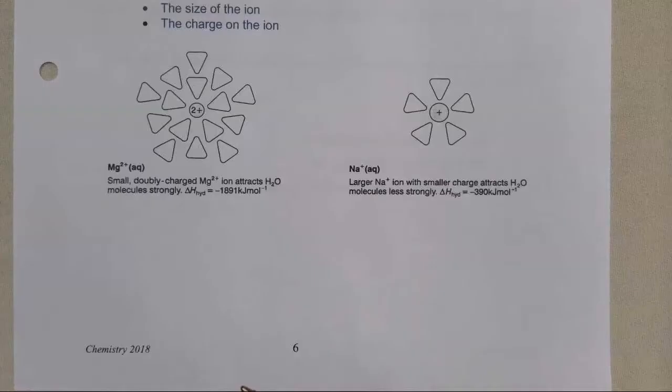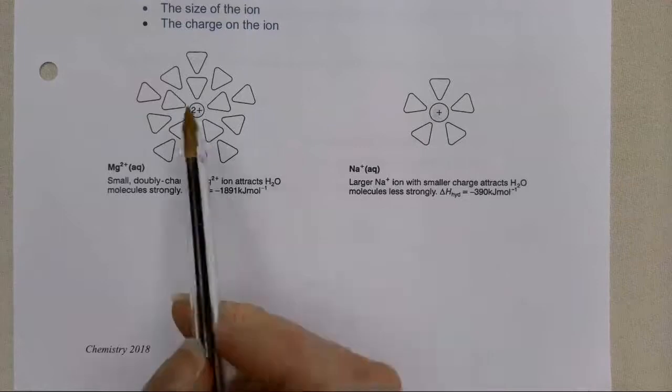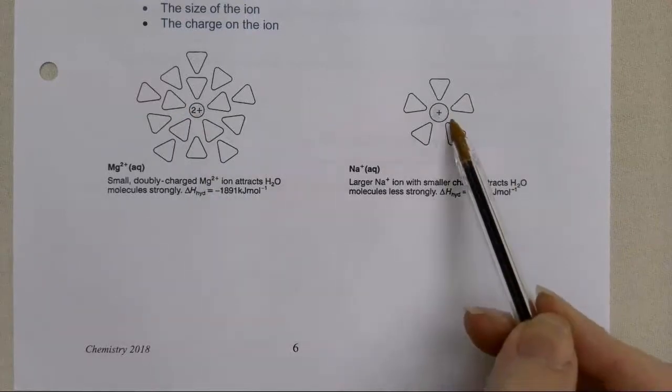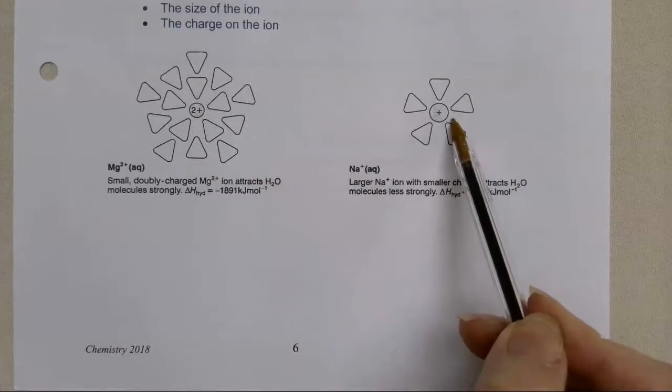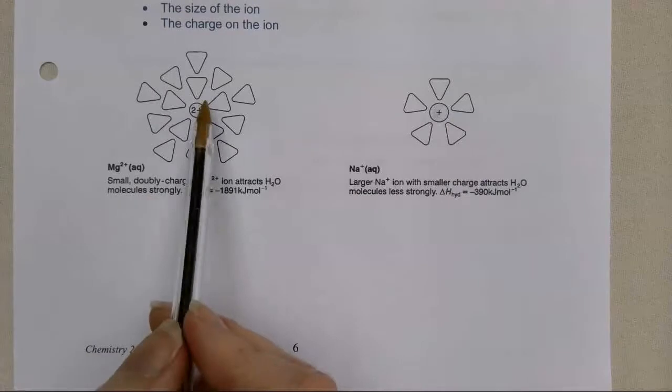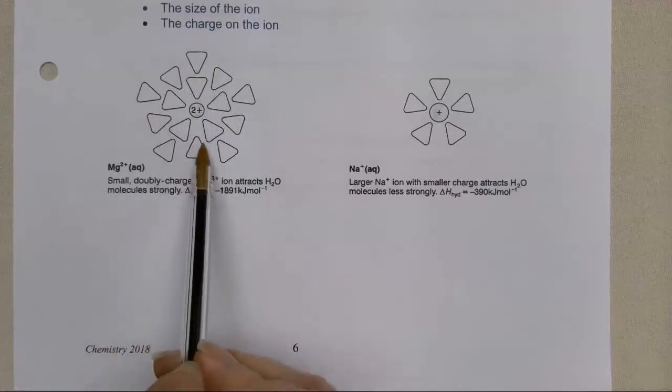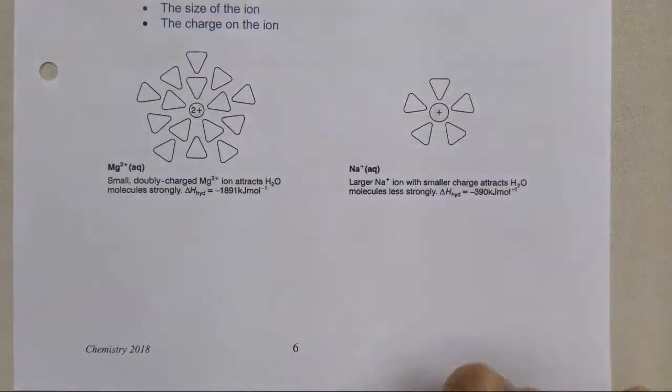This comes back to something we looked at earlier. So here we have our magnesium ion from our magnesium chloride, and here we have our sodium ion from our sodium chloride. Now here, the magnesium ion attracts a lot of water molecules, but if you notice, they're not randomly arranged around that magnesium ion.